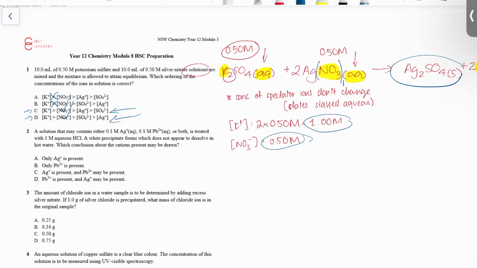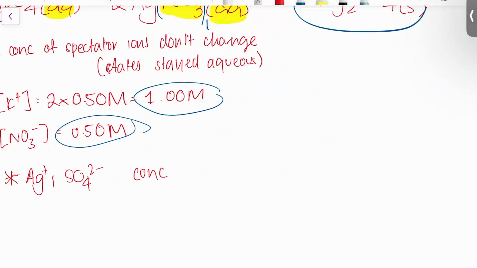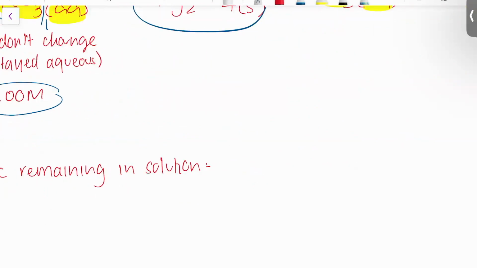So let's continue. So for potassium and nitrate, the concentration doesn't change. That's great. For Ag plus and SO4 minus, the concentration in solution, well, I should say the concentration remaining in solution to make it clearer to you, the concentration remaining in solution is going to be the concentration added minus the concentration reacted.